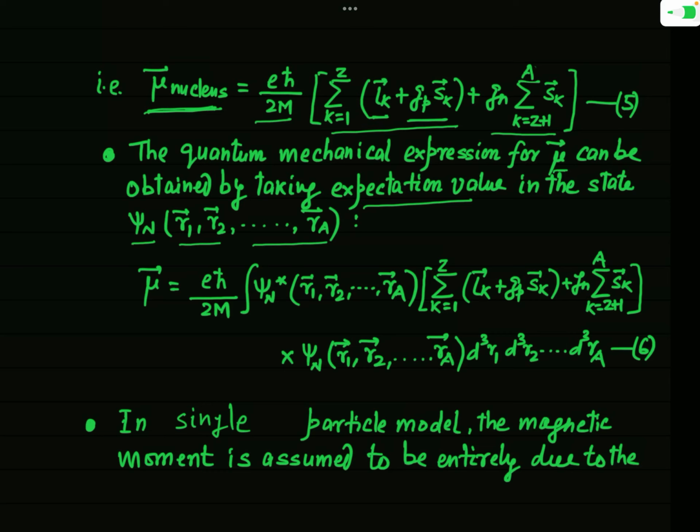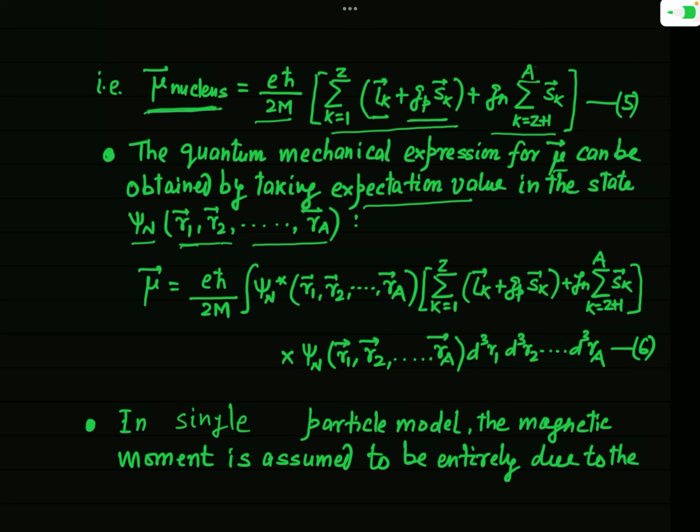Psi n is for the nucleus or nucleons, you can say, and r1, r2 actually represent the positions of the different nucleons. As our nucleus has a total number of nucleons equal to A, this r will in fact have A values, r1, r2, and so on up to rA. Now the magnetic moment defined in equation 5 will just be taken as an operator. This is just the magnetic moment operator.